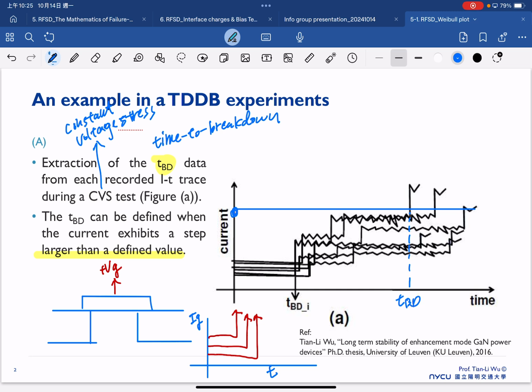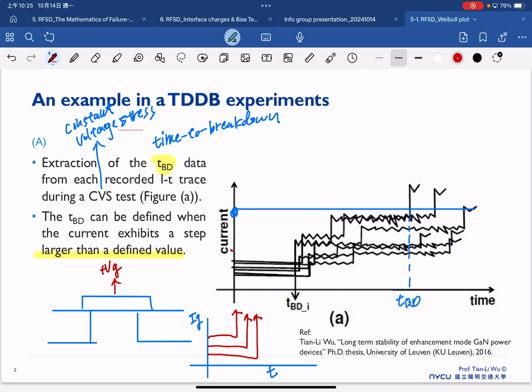Or sometimes we can even make the criterion very small. That has to depend on your device characteristics. For some devices you can define a criterion with a very high current, but in some cases you have to define a very small current.